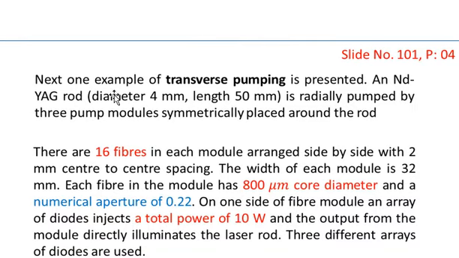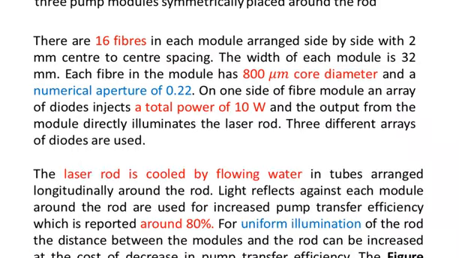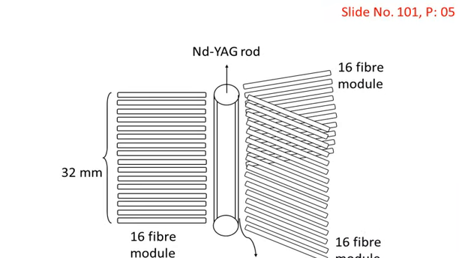Next, one example of transverse pumping is presented. An Nd:YAG rod of diameter 4 mm and length 50 mm is radially pumped by 3 pump modules symmetrically placed around the rod. Let me show you that figure. For example, this is the figure. You can see that an Nd:YAG rod is placed in the center, shown vertically over here.